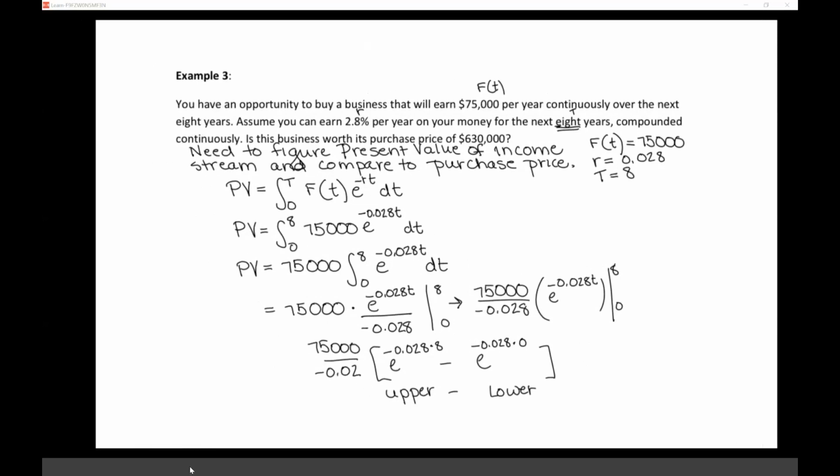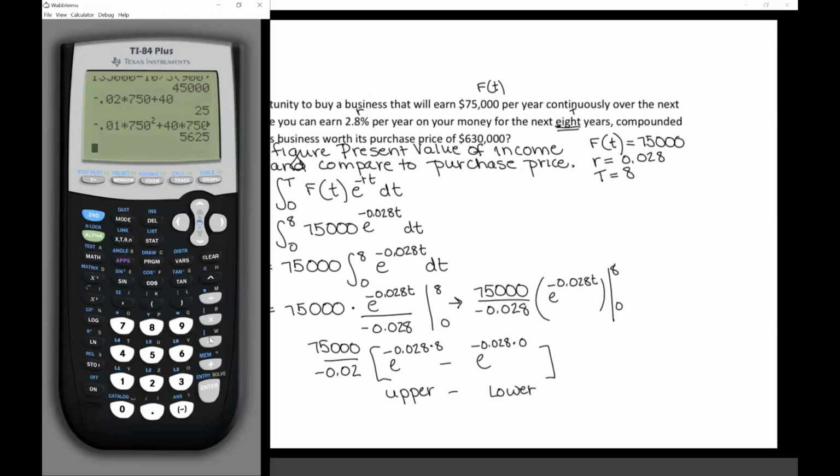So I'm going to get up my TI-84. And I'm going to do 75,000 divided by negative 0.028. And then I have my first exponential. That's going to be a shift on my ln.